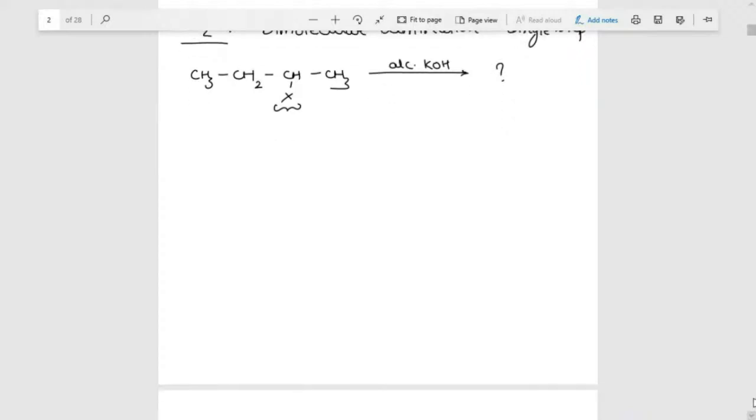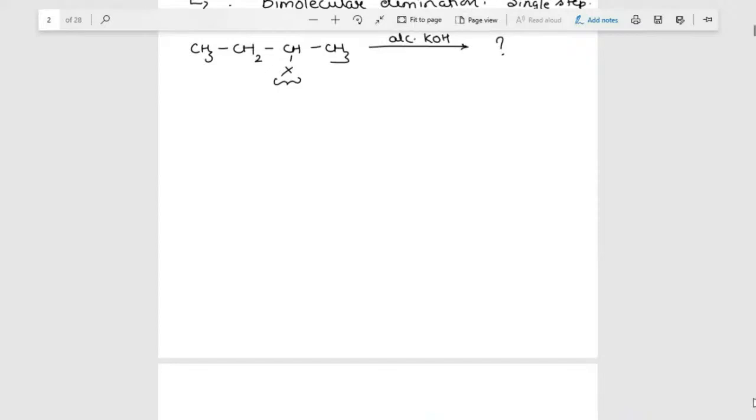So let us start. It is a single step reaction. Let's talk about the conformation and what are the possibilities. If I talk about the conformation of the leaving groups on this particular bond, that is C2-C3 bond, if I say my halogen is placed here, then here is CH3 and H, this is carbon number 2. Carbon number 3, if the H I want to remove, I'll mark it with a star, and this CH3.